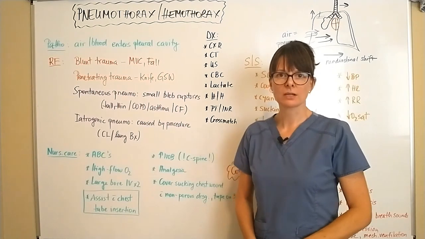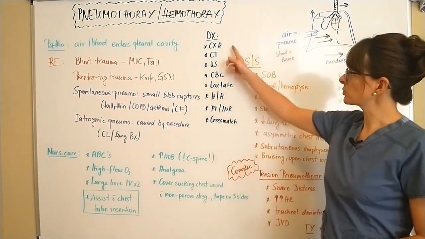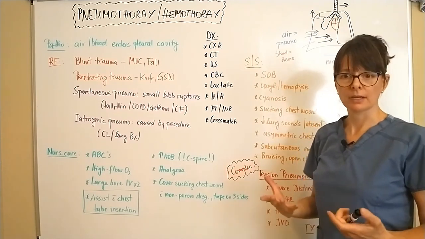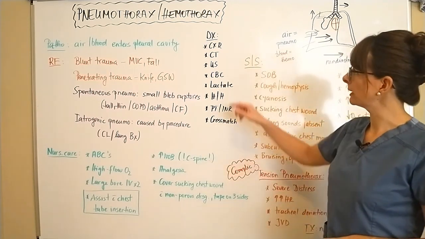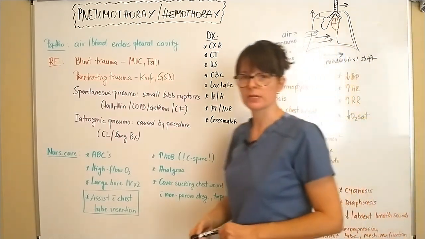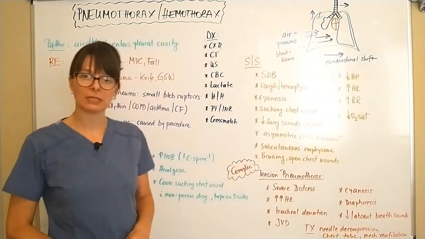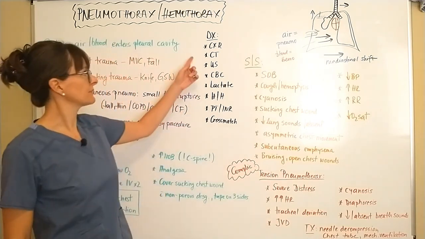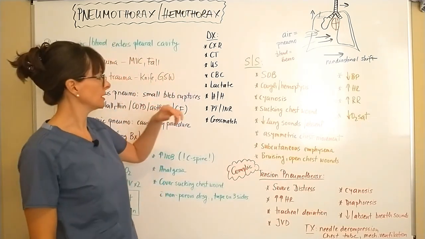In terms of diagnostic tests, a chest X-ray is usually indicated, and is a test that can be done fairly quickly. And a CT and an ultrasound might be performed as well, but it all depends on how significantly ill the patient is, to see if we have enough time to take the patient to CT.